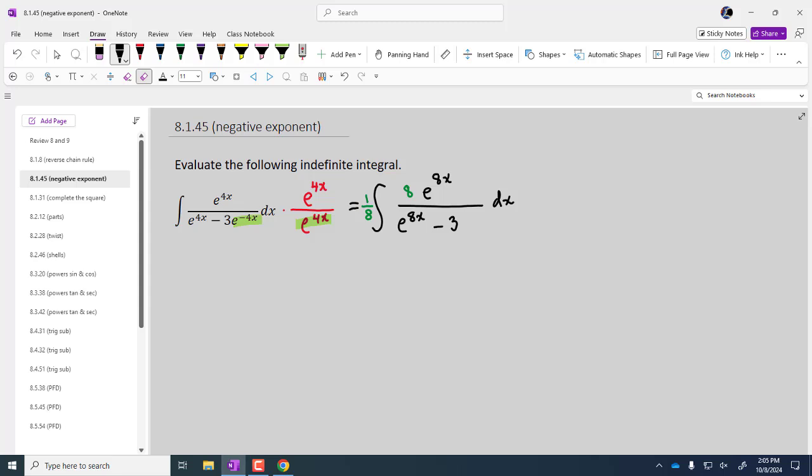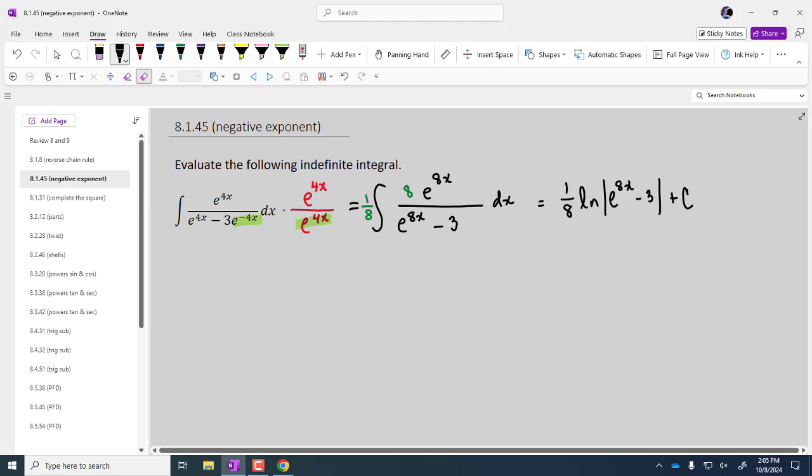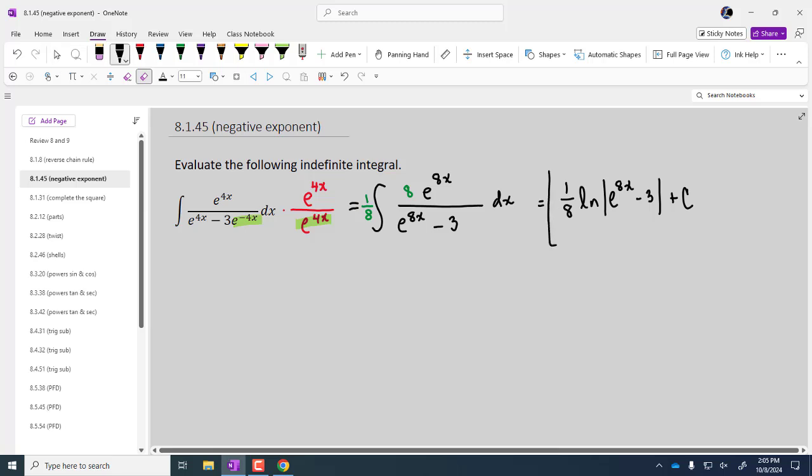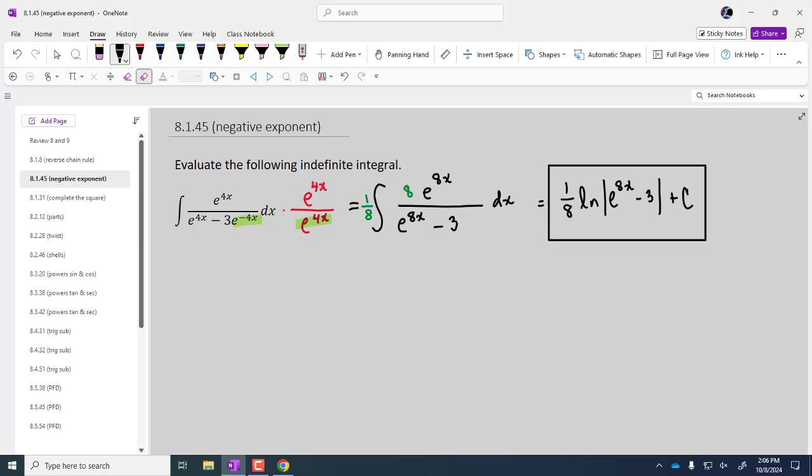Now it is in log form, so we will write our final answer down as 1/8 natural log absolute value of that denominator. Anyone have an issue? Question?